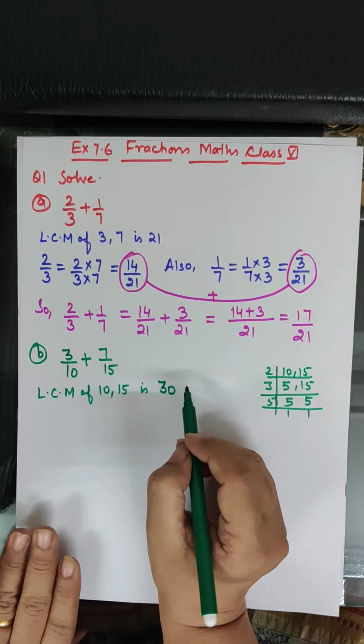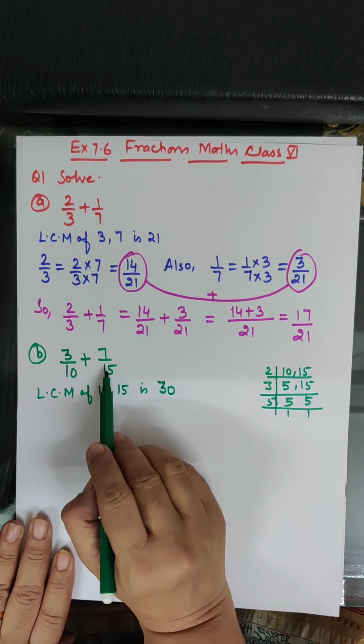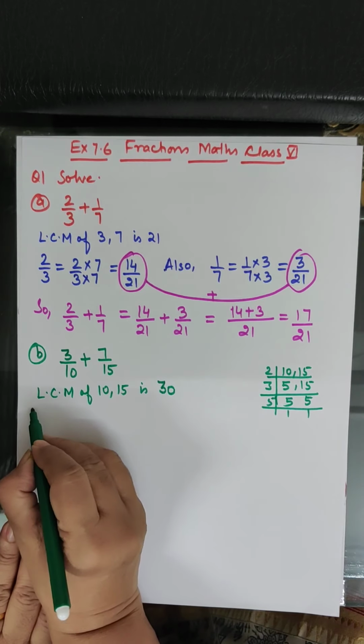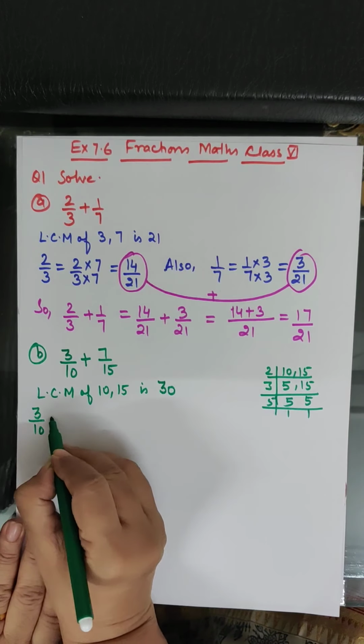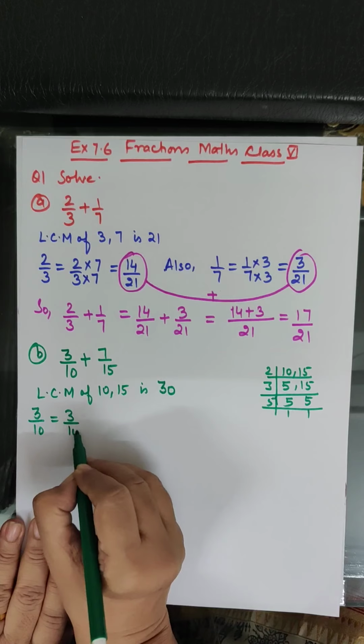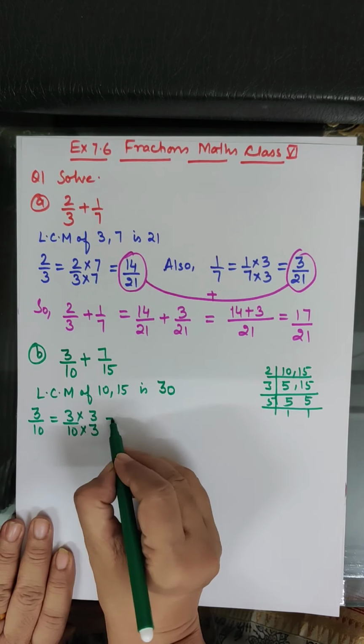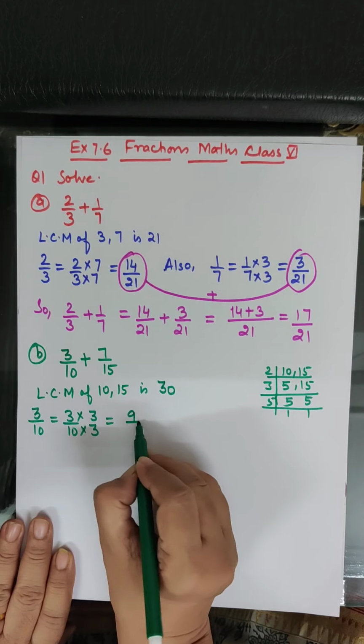LCM is 30. So we express both these fractions such that the denominator is 30. So we can write 3 upon 10 as 3 upon 10 multiply numerator and denominator by 3. So we get 3 3s are 9 upon 30.